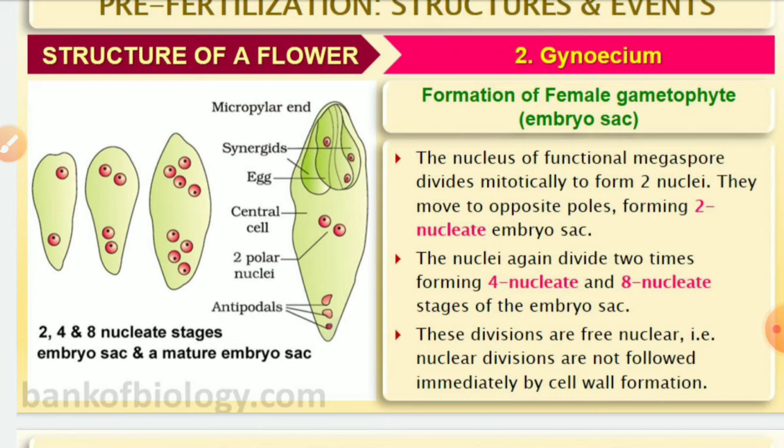Eight nuclei are there. Now the nuclei divide two more times, forming the four nucleate and eight nucleate stages of the embryo sac. These divisions are free nuclear, that is, nuclear divisions are not followed immediately by cell wall formation.